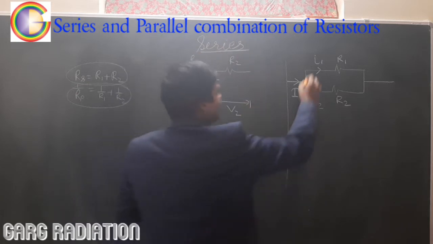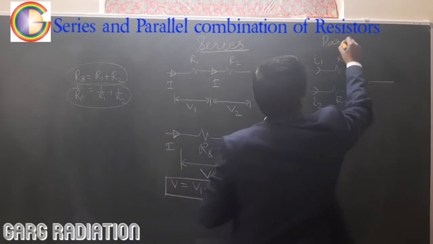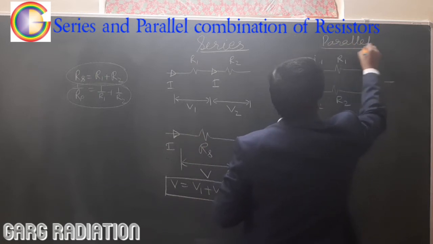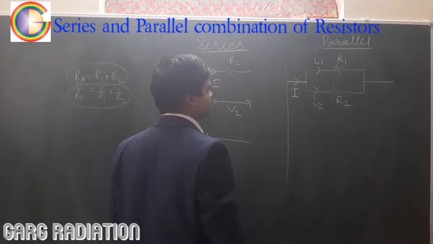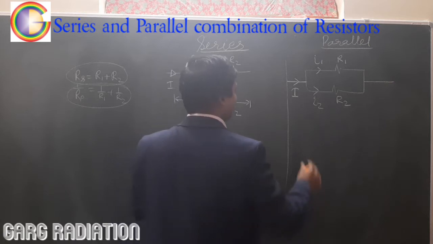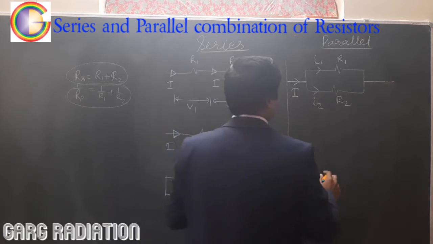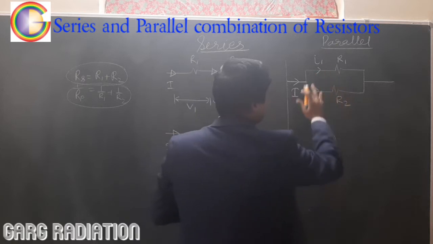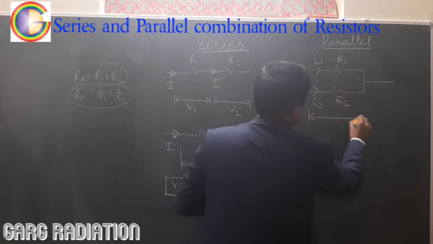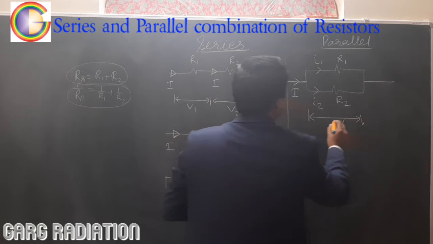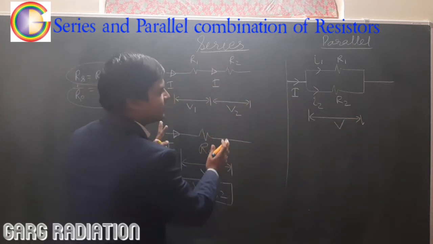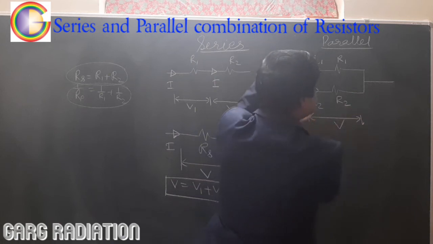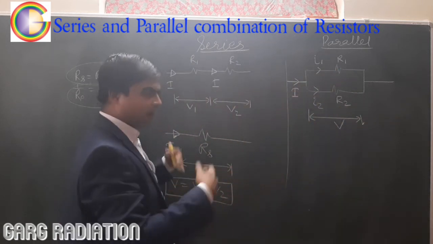And now coming to parallel, how do they behave? They have the same potential difference, and the current is distributed. In series, same current and voltage distributed; in parallel, same potential difference and current distributed, the opposite of each other.